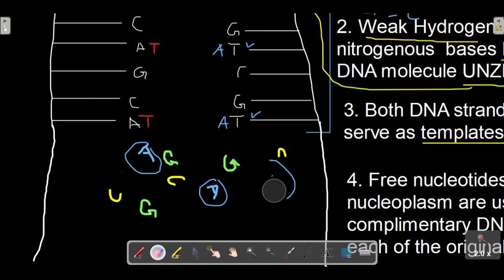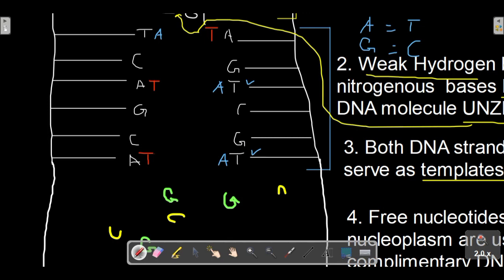So we're done with this, and then what else? What is left now? We are still building up this new strand by bonding these free flowing nucleotides. They are nucleotides, by the way, not just nitrogenous bases. So the cytosine will have to bond with, of course, guanine. So where's guanine?